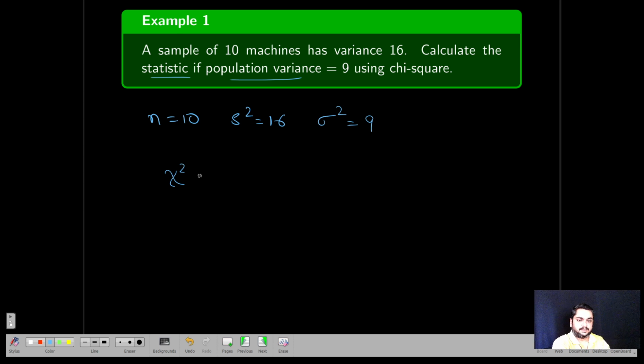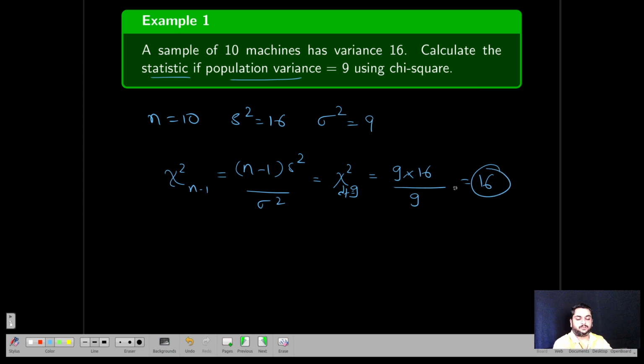Chi-square with n minus 1 degrees of freedom is n minus 1 into s square divided by sigma square. So degrees of freedom is 9. We write df equal to 9. That is 9 into 16 divided by 9. This is equal to 16.